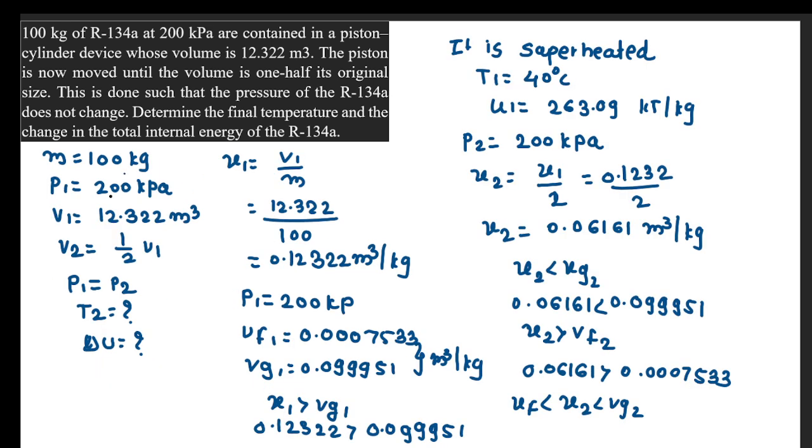So if we repeat this, we have written all the given data. We found out the specific volume. We compared the specific volume with vf1 and vg1 at 200 kilopascal. Here we are getting v1 greater than vg1, so it is superheated. At state 2, v2 is equal to v1 by 2, now 0.061, which is coming between vf2 and vg2.